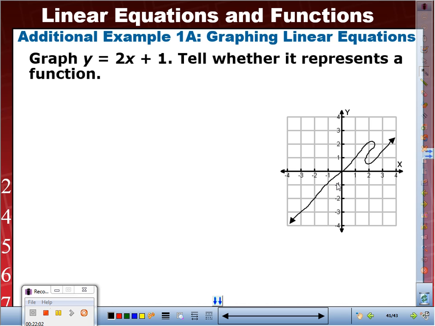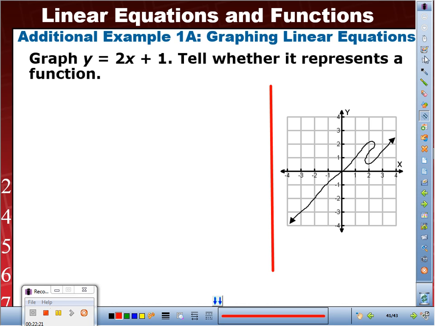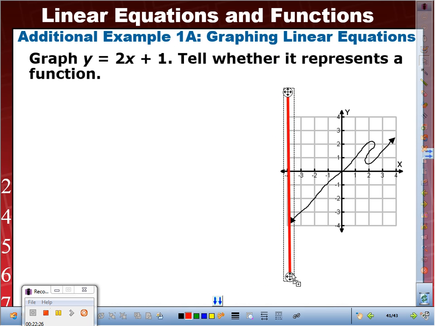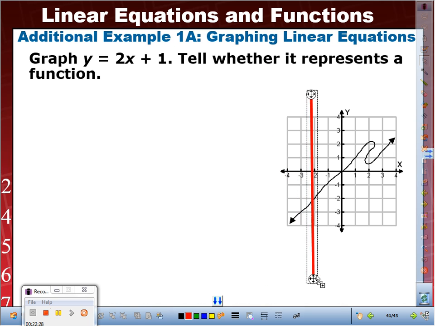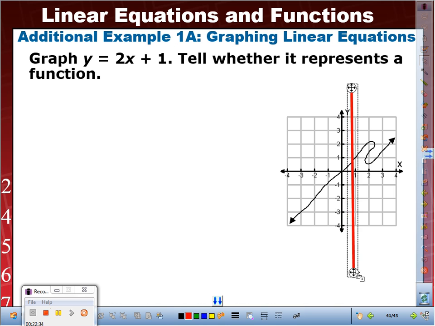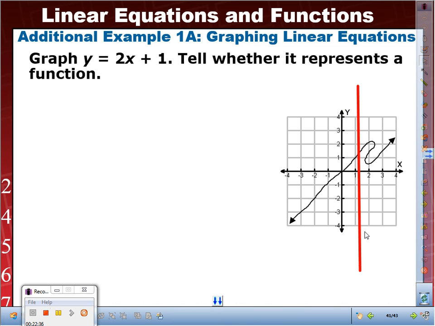And if I was to ask you to use your ruler and go and scan it from left to right, let me show you with my vertical line test. Here he goes. I'm going to scan it from left to right. You can follow me with your ruler. Is that a function? Yes, yes, yes. Yes, it is so far.